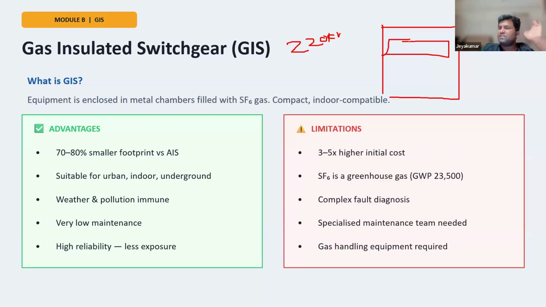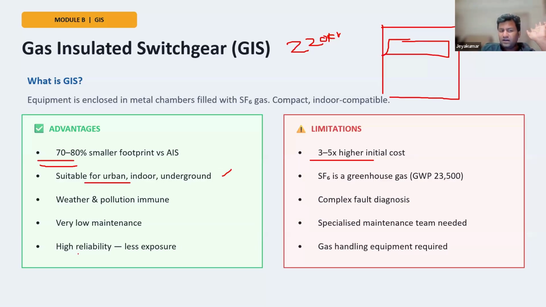That means you can save 70 to 80% of the space. And this has a very high cost, because GIS is always costly. And being indoor, maybe you can even put it underground also.